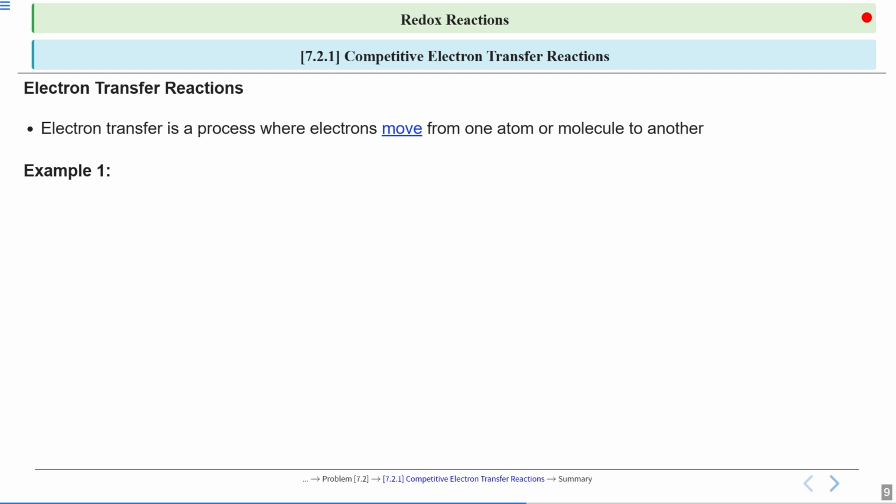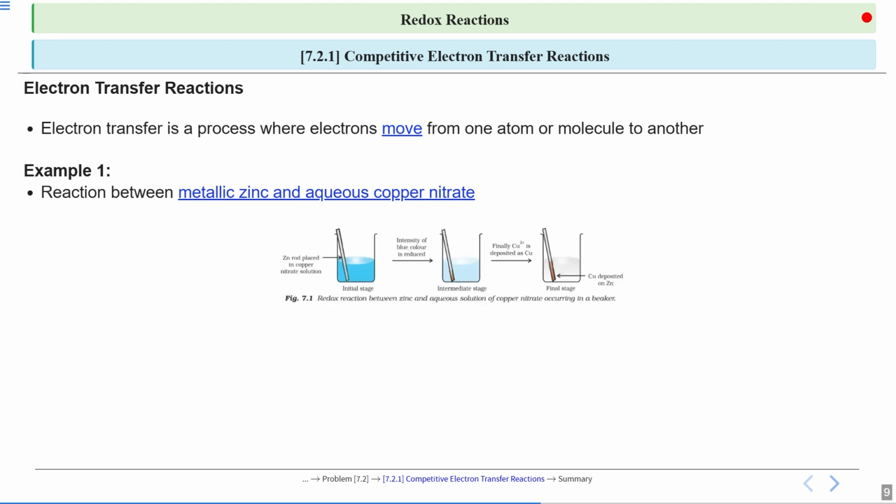The first example is the reaction between metallic zinc and aqueous copper nitrate. How does the reaction between these two substances take place? One is metallic zinc while the other is aqueous copper nitrate.